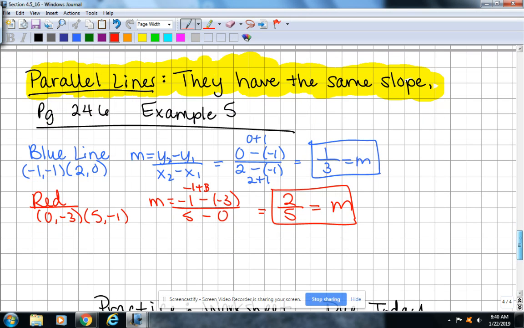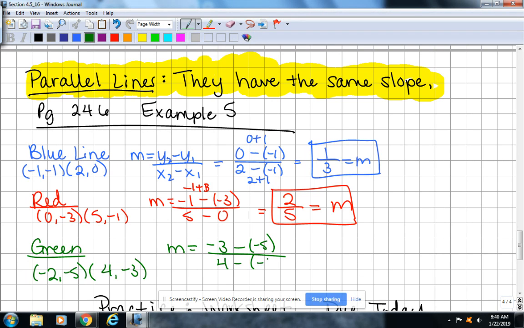Okay? So now let's check the green line. What are the 2 ordered pairs on the green line? And (4, -3). Pop them into the same formula. What is y2? Minus -5. Use parentheses. Over minus. Okay. So on top, that changes to -3 plus 5, which is 2.